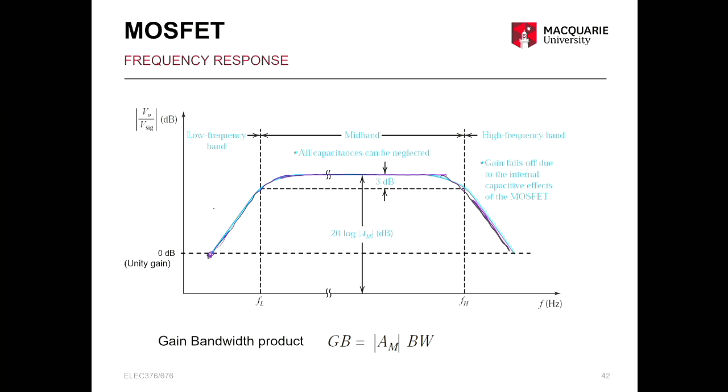On one side, this is due to the coupling capacitors, and this is due to parasitic capacitors on the high frequency side. The flat region is the highest magnitude of the voltage gain, and we call that the midband.